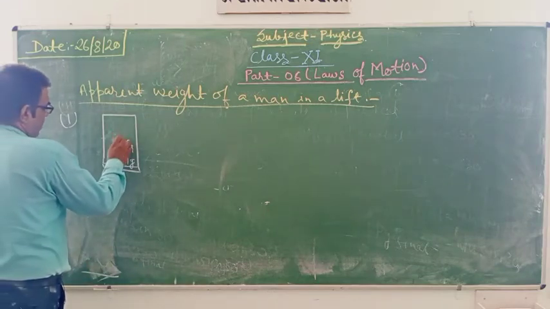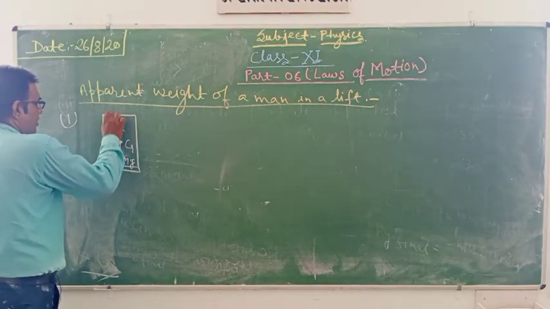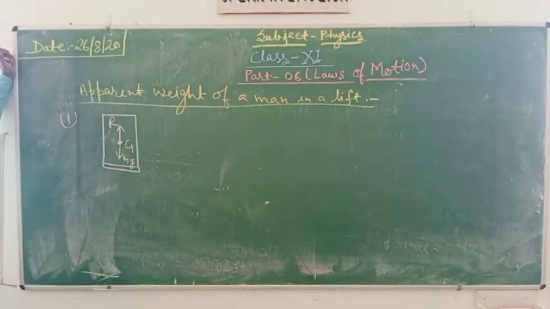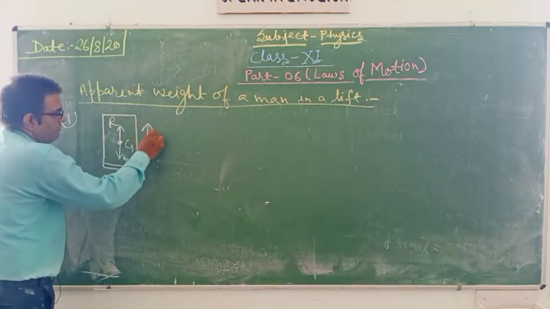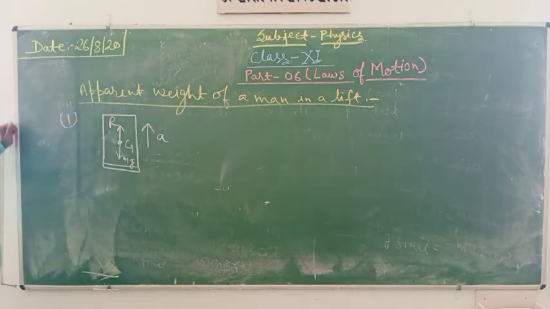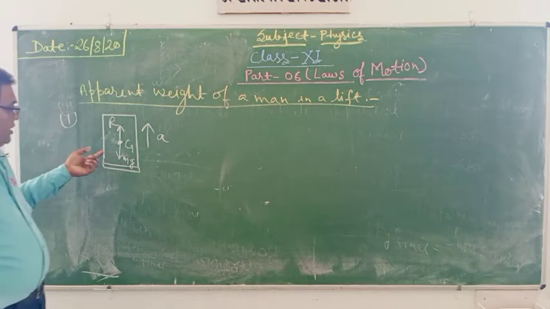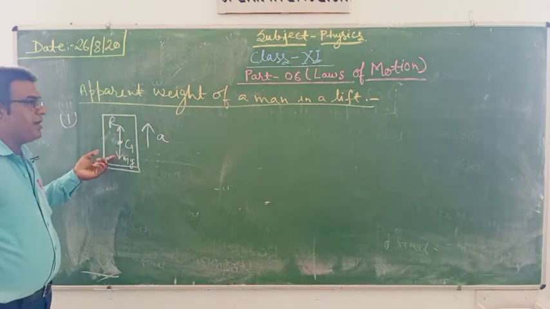And by Newton's third law, if there is an action, there is an equal and opposite reaction. A normal reaction must be experienced by the man. And if the lift is moving upward with acceleration a, what is the reading recorded by the weighing machine?